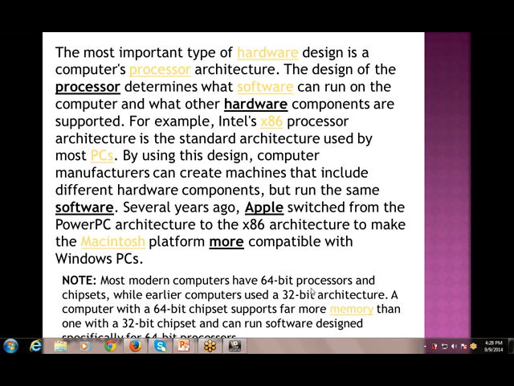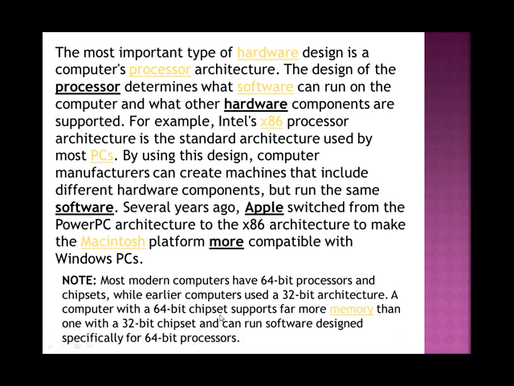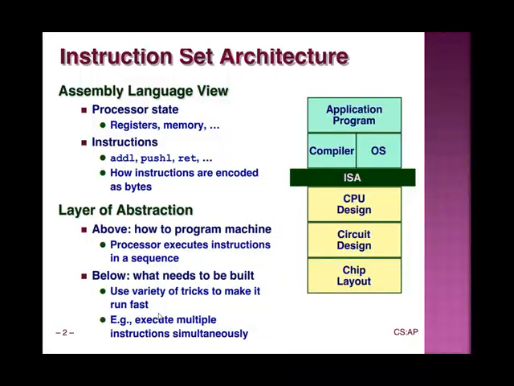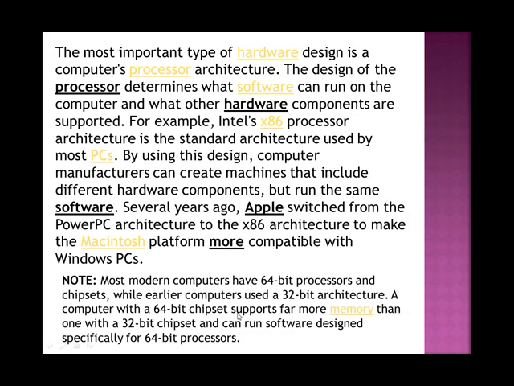A computer with a 64-bit architecture or 64-bit chipset supports far more memory than one with a 32-bit chipset and can run software designed specifically for 64-bit processors. So this paragraph says that in today's scenario we are using 64-bit processors, while earlier computers used 32-bit architecture or 32-bit processors.